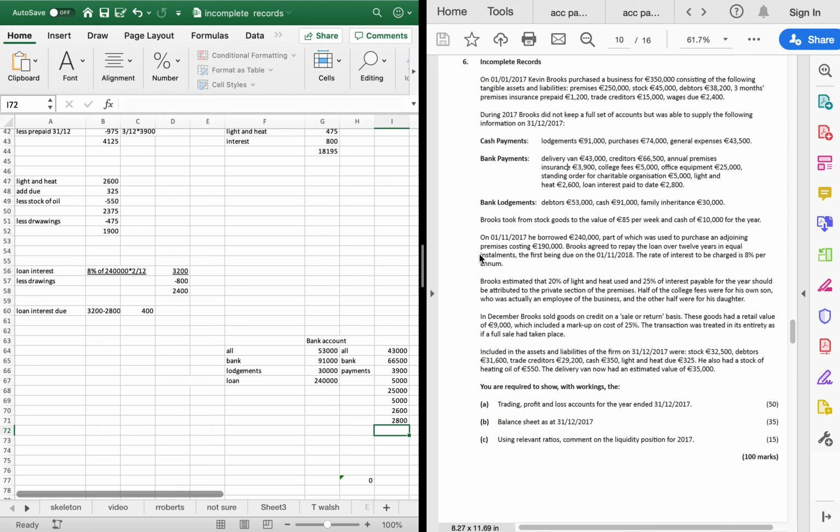You have to then remember to put in the new building you bought. So what did you use the loan for? Well, you bought a building, and the building cost 190,000.